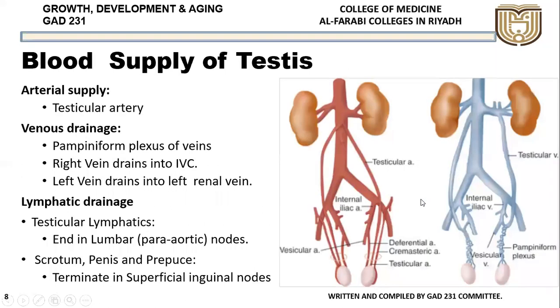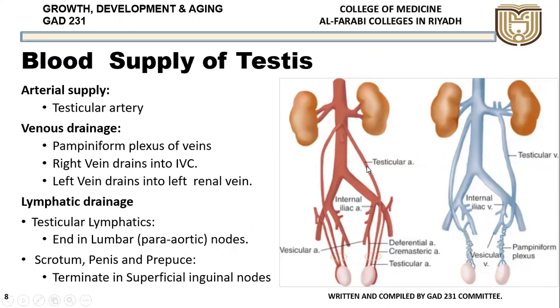Epididymis. Now coming to the blood supply of the testis. The blood supply of the testis is by the testicular artery. If you see here, this is the abdominal aorta, and this is a branch from the abdominal aorta, called the testicular artery on either side. It comes directly from the abdominal aorta because the testis are initially produced in the abdomen.